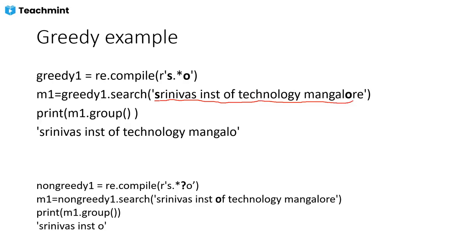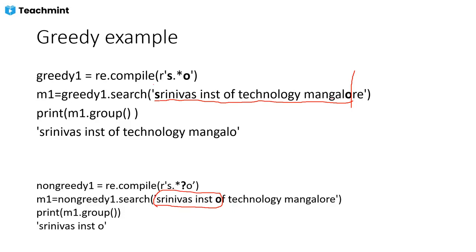See, if I put a question mark, any number of characters, O, question mark is there, starts with S, ends with O, the first occurrence. This is a non-greedy match. It won't bother for the other things.